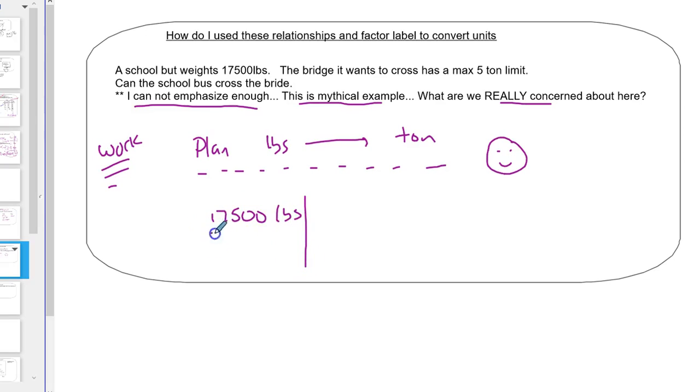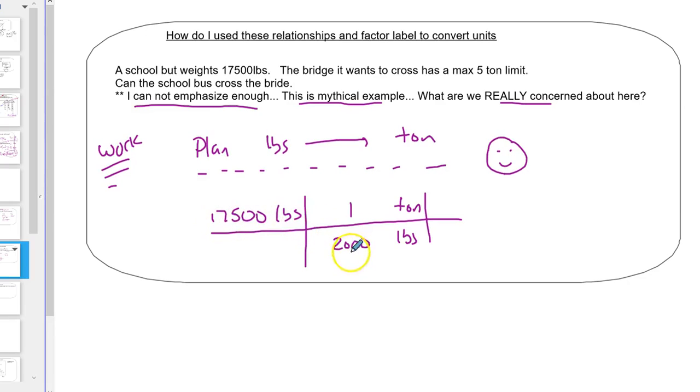I want to get rid of lbs, I'll use the train tracks here, and I want to go to tons. Always cancel my units out. 1 ton is equivalent to 2,000 pounds. This equivalency is always the same. We'd never have a different pounds to tons. This might change, but not this.